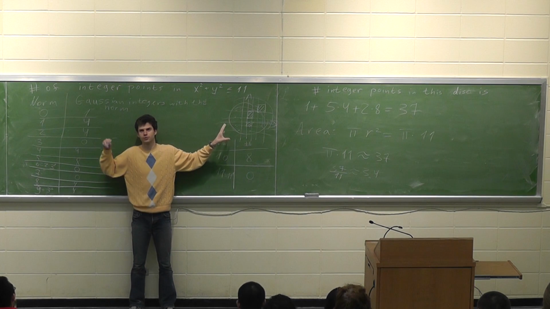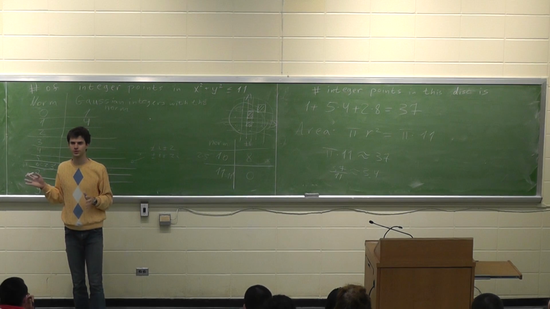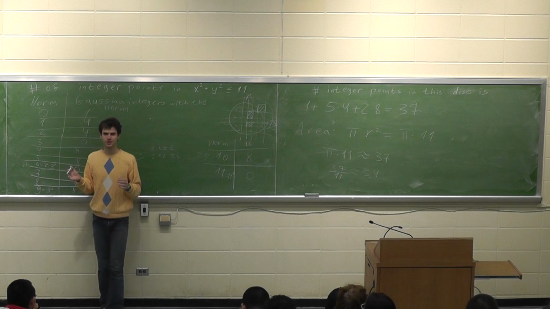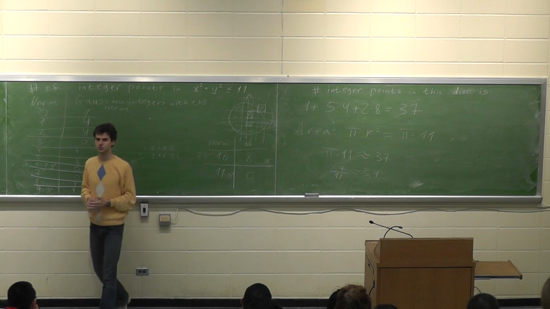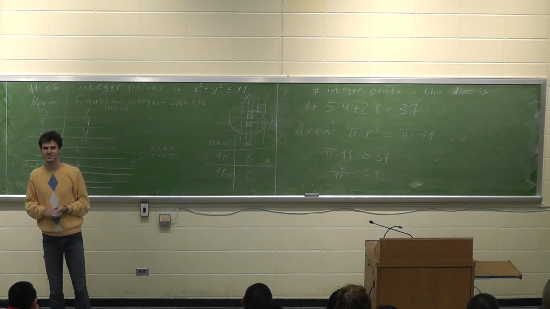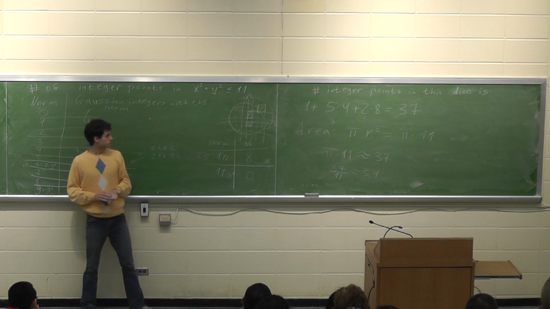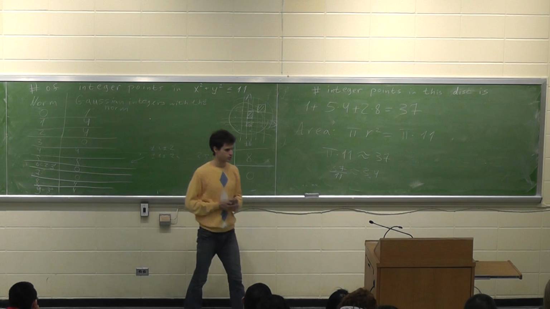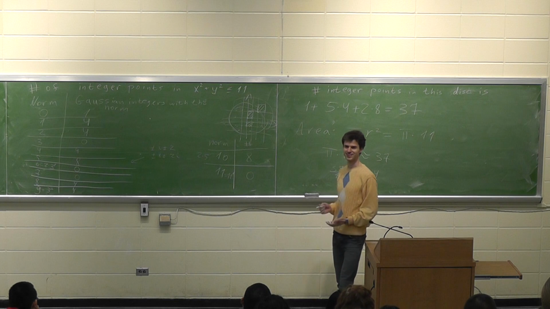We took a circle of radius square root of 11, which is between 3 and 4. So we've taken a really small circle. If you take a circle of radius 100, you do get an approximation which is pretty good. So I'm just going to say that it's a funny arithmetic way to count what pi is.